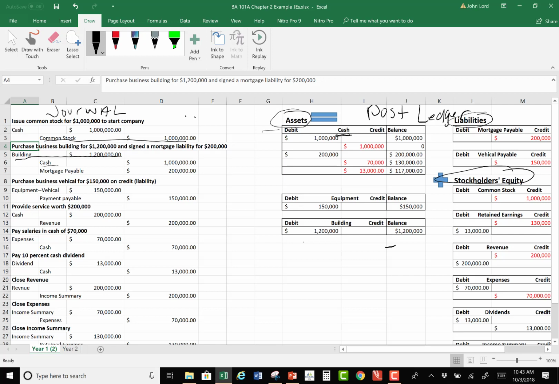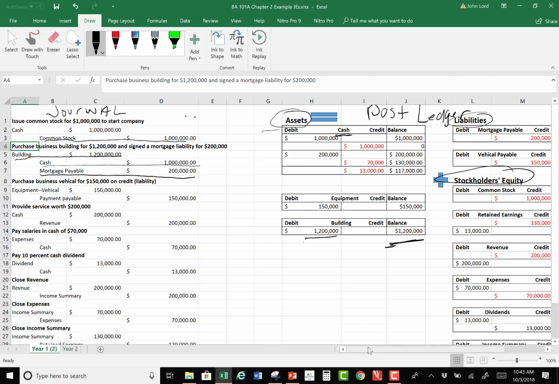We credit our cash for $1 million because we are reducing our cash. We're going to pay out $1 million of cash, right? But we have to recognize that we have this mortgage payable, which is a liability, isn't it? Mortgage payable. Okay?